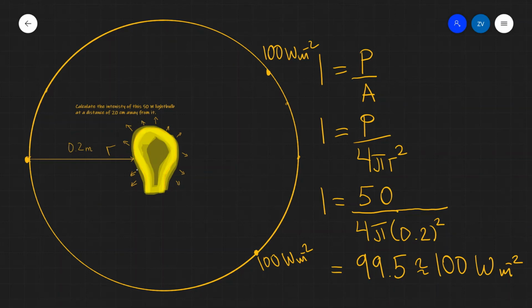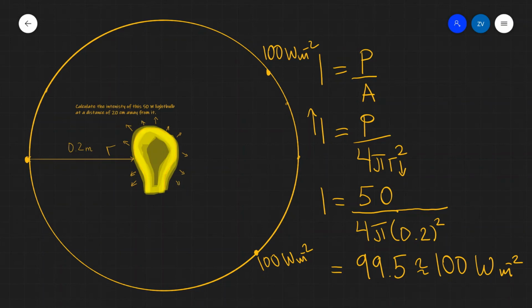If we make the radius of the sphere smaller, then the intensity is going to rise. We can see that because if this decreases, the intensity is going to increase.